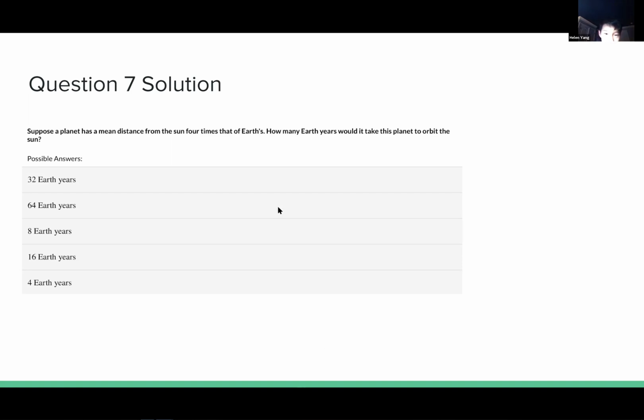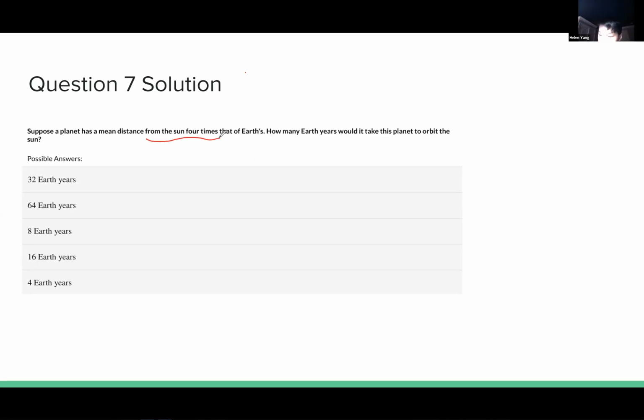Okay, so for this question, it's asking how many years it would take for this planet to orbit the Sun if the mean distance was 4 times that of Earth.